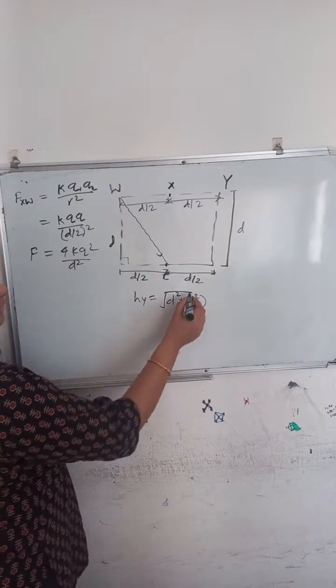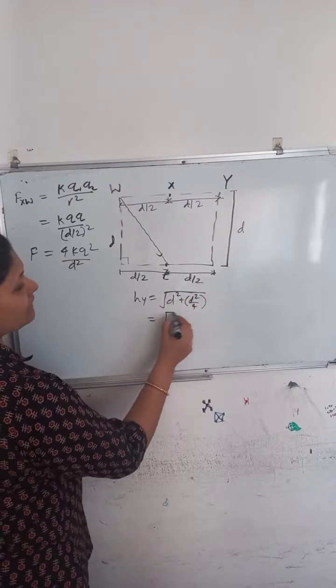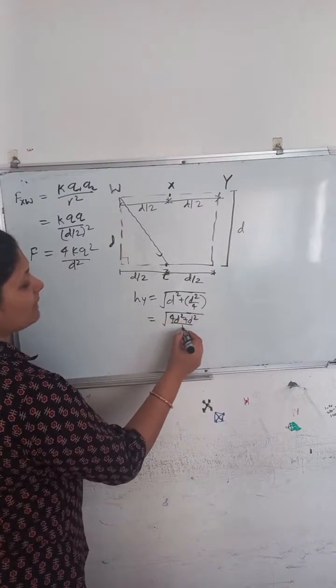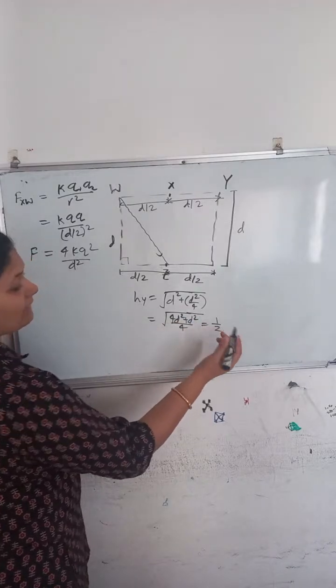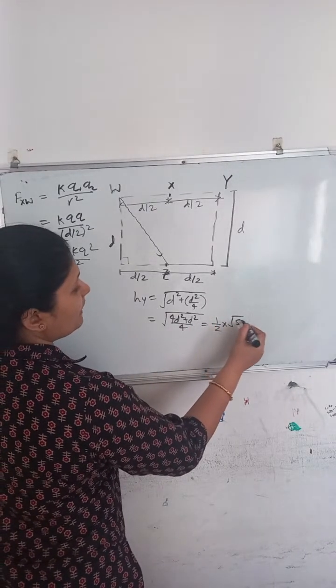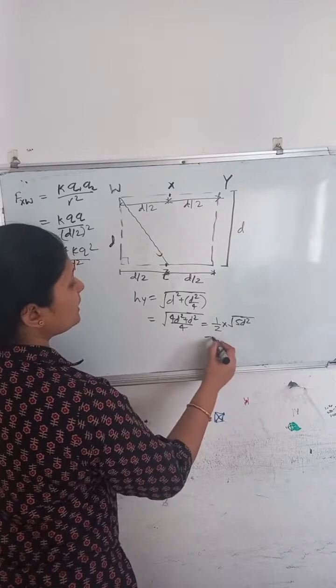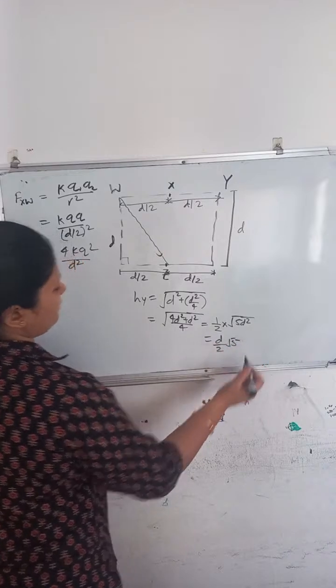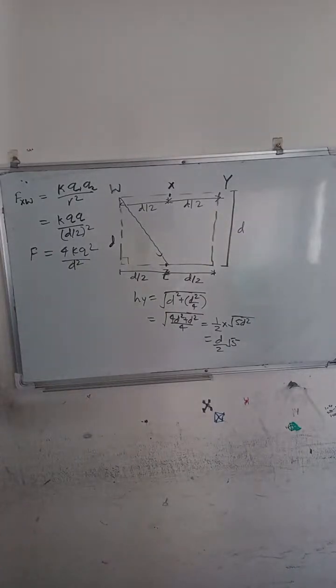If we simplify, it is 4d square plus d square divided by 4. I will take 1 by 2 out, and here it will be 5d square. So the distance is d by 2 root of 5. Can you get this? This is your hypotenuse.